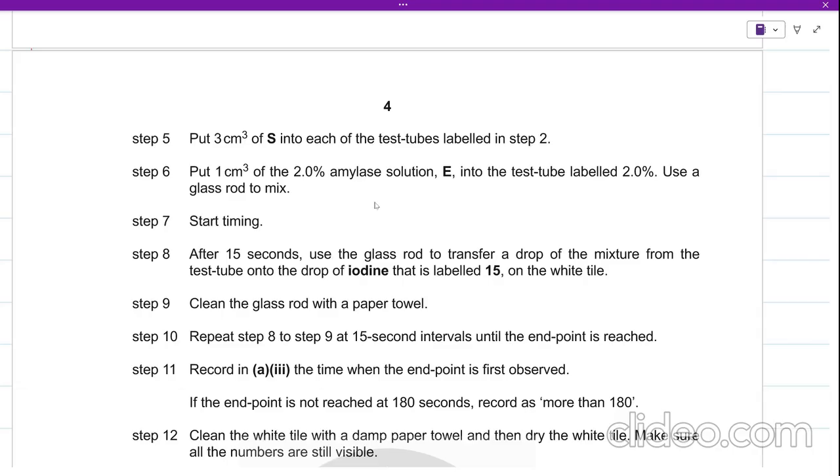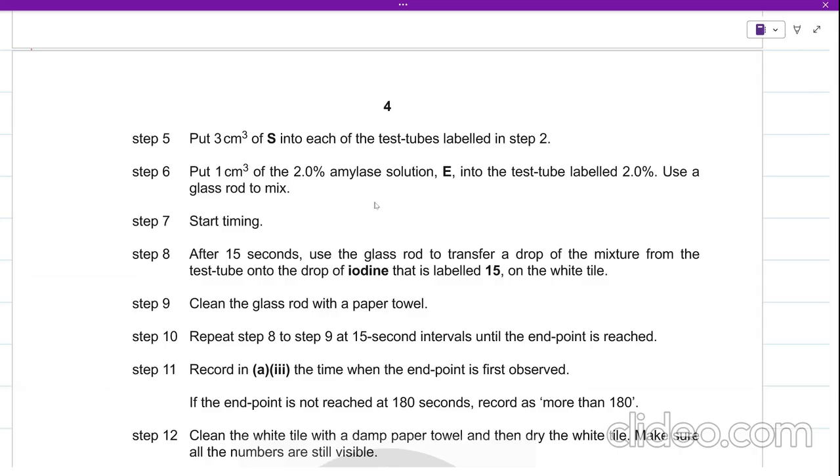In this case we are actually performing the opposite operation. For example, we usually test for the presence of starch, but here we are waiting for the starch to disappear, to be hydrolyzed. As the time progresses, the blue-black color is going to vanish.